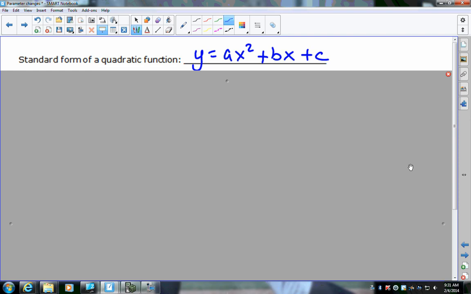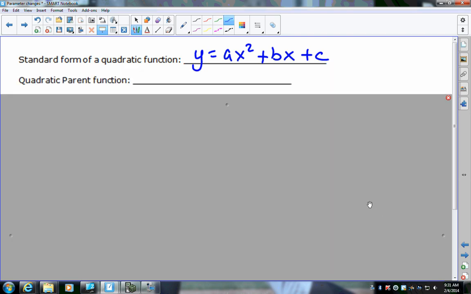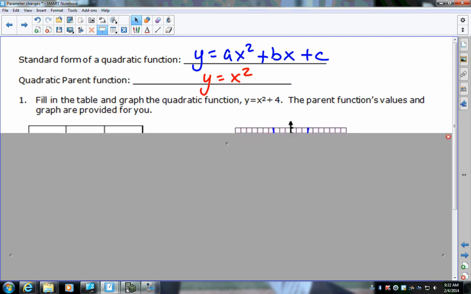That's the standard form. We had that the other day on one of our assignments. Then it says the quadratic parent function. You should know that the quadratic parent function is y equals x squared. Okay? That has to be memorized.